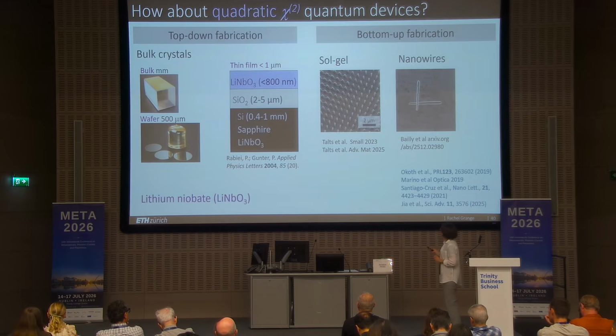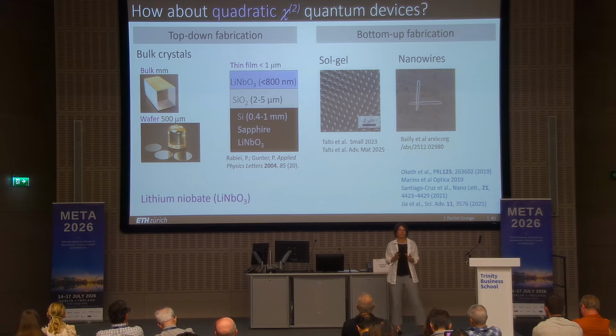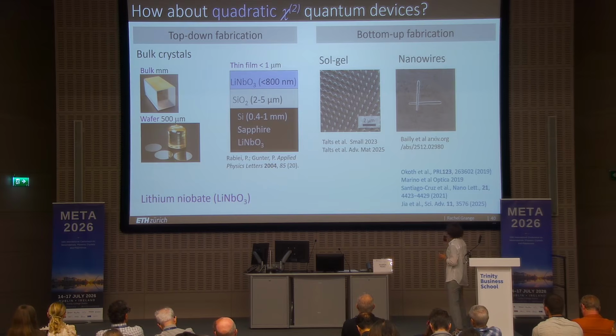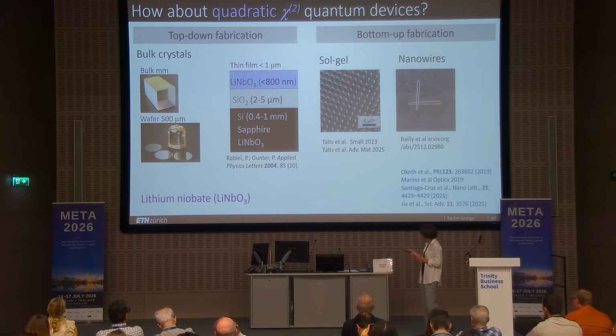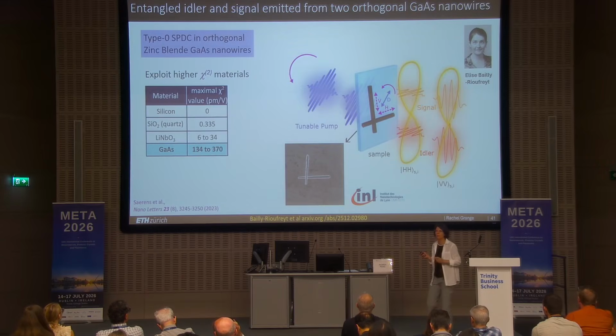Okay, so I showed you top-down fabrication, sol gel fabrication, and there's one last short part. I just wanted to mention also that Chi2 materials are suited for direct generation of entangled photons with the material itself, with the example of gallium arsenide nanowires. I hope you did not miss the talk of Elise Brioffrey yesterday, because she talked about this system.